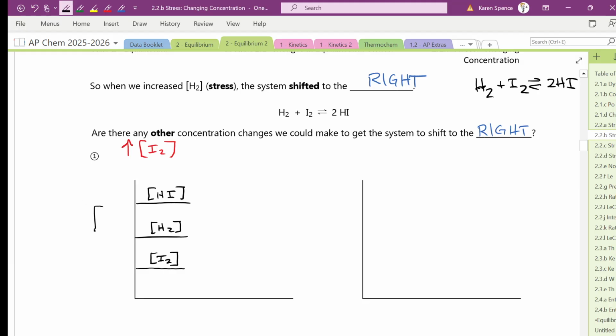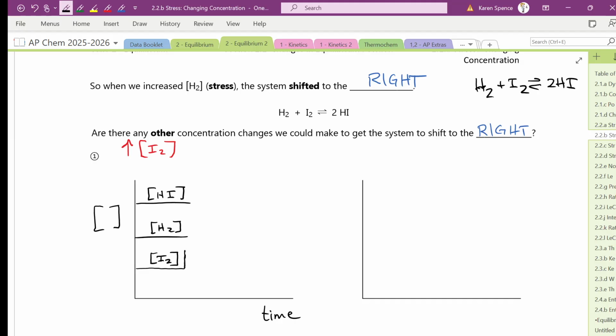So this is a concentration diagram, so we label it concentration. On the x-axis, we put time, and I2 increases. Could I make I2 increase past the level of H2? Yes, it's just that drawing becomes awkward at that point. So we try and do things that make our drawings less awkward. So usually I would stop before I get to the level of another thing. Otherwise, it just gets messy.